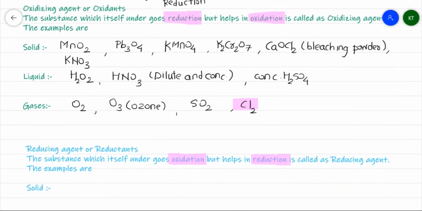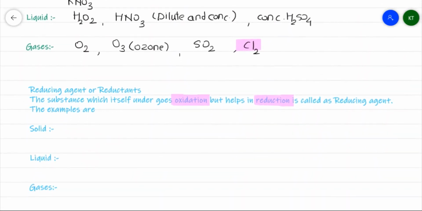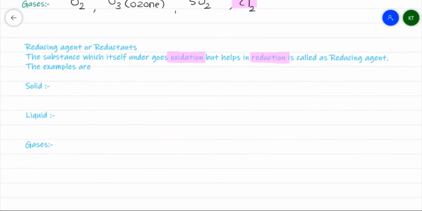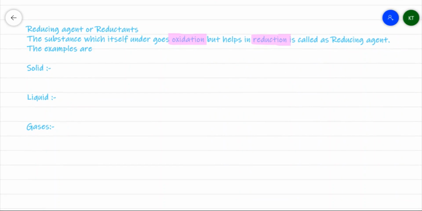Now let us focus on reducing agents. So what are these reducing agents? A reducing agent is a substance which itself undergoes oxidation but helps in reduction. That's already been discussed.